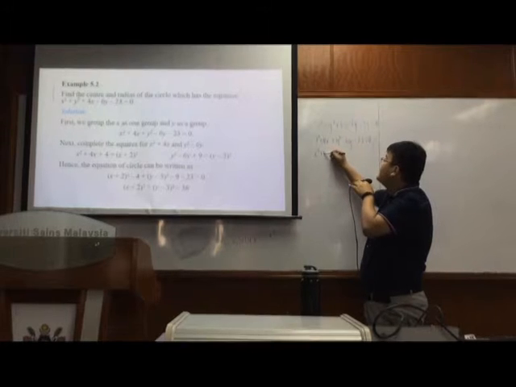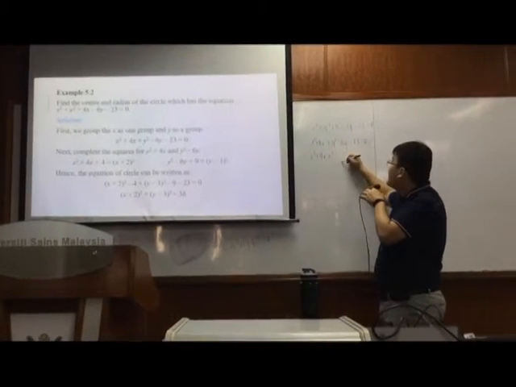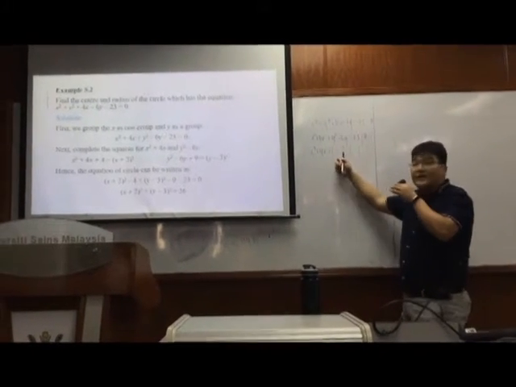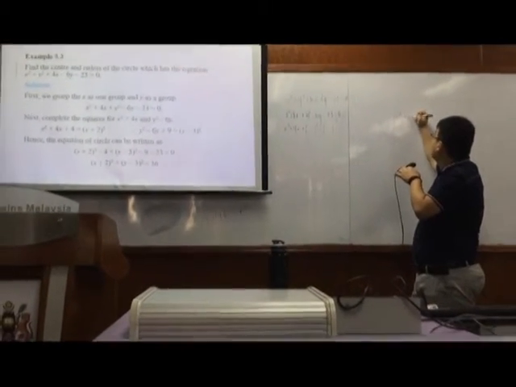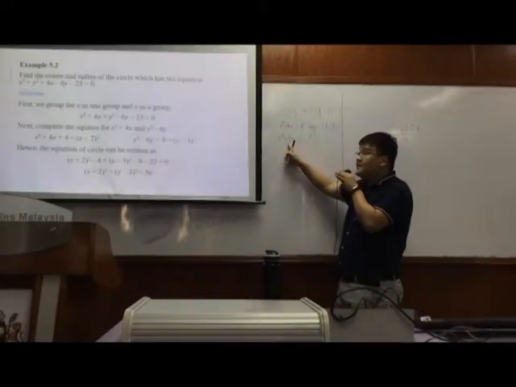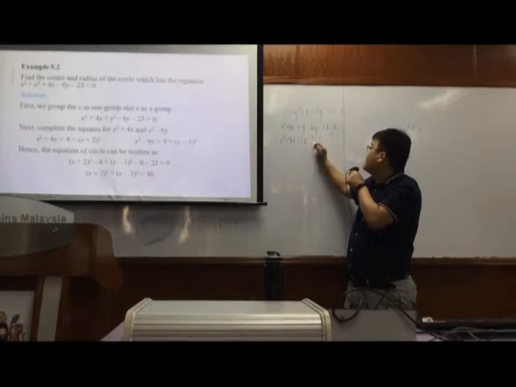So x squared plus 4x plus something squared minus something squared. What is this thing here? Take the coefficient of x, the b, divided by 2. The coefficient is 4, so 4 divided by 2 you get 2.